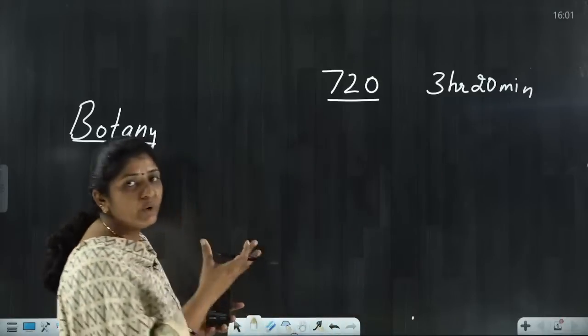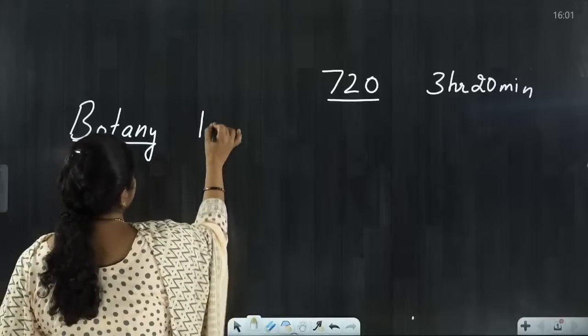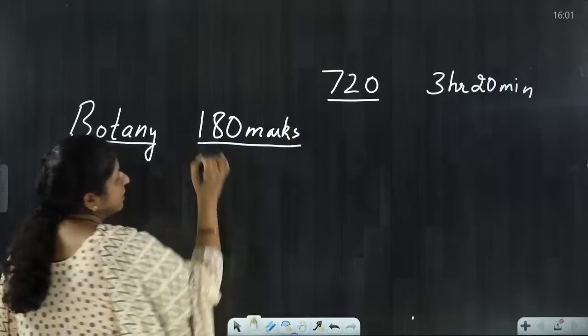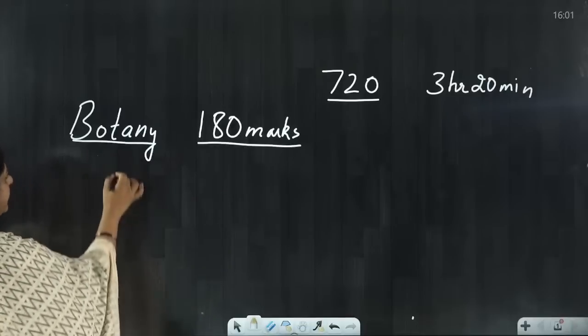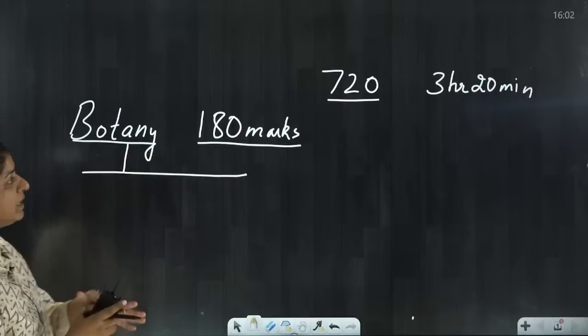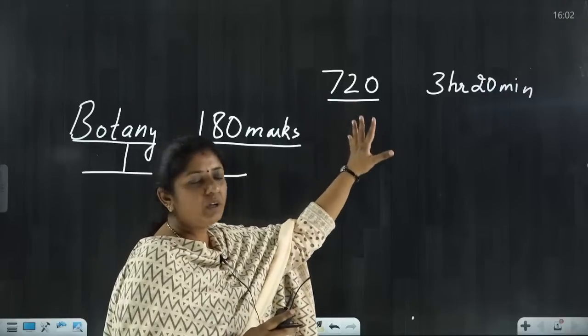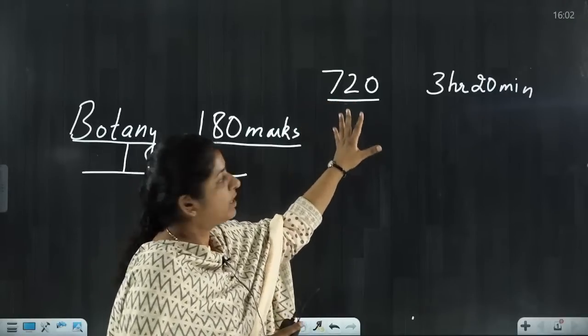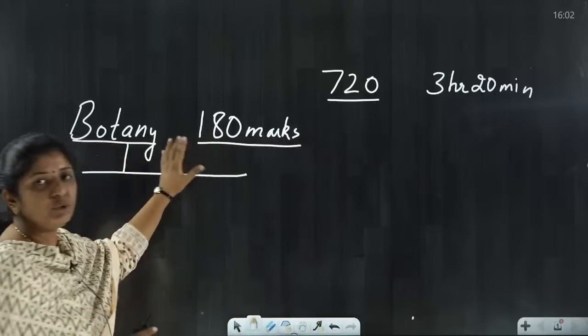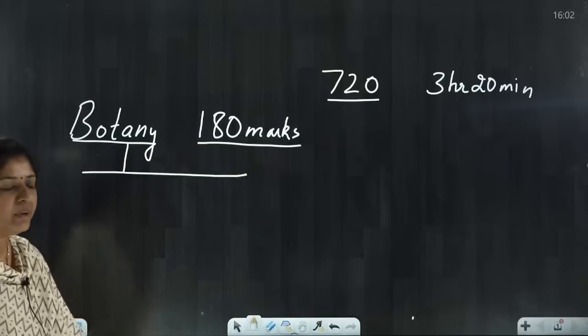Out of that 720 marks, you have 180 marks for botany. Fine? So 720 marks total for your NEET exam, and botany's contribution there is 180, right?